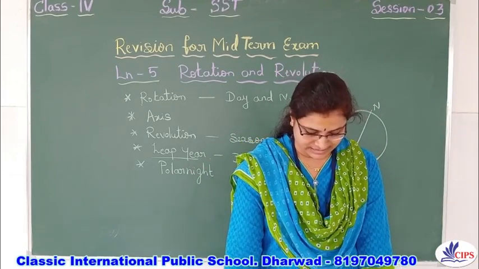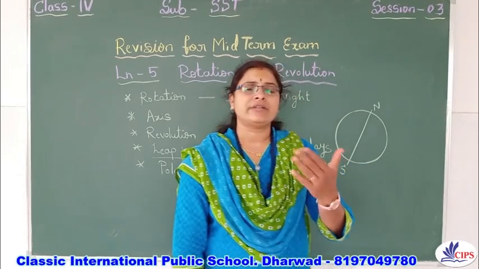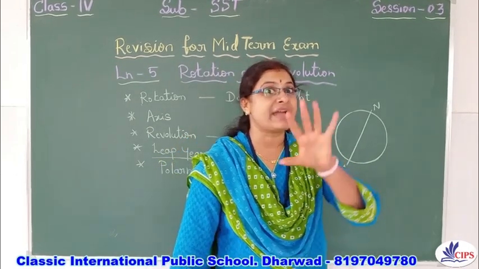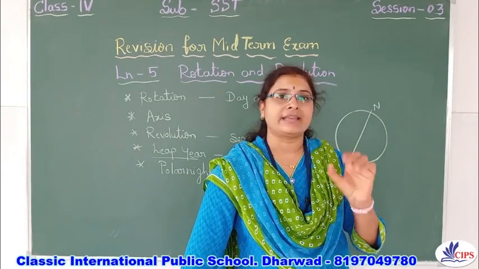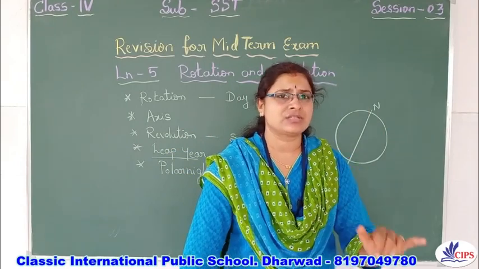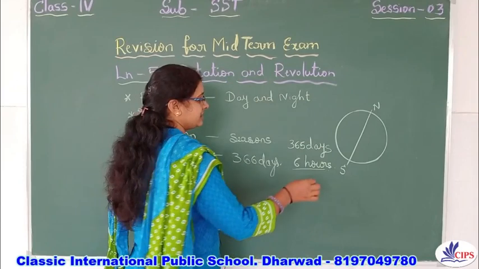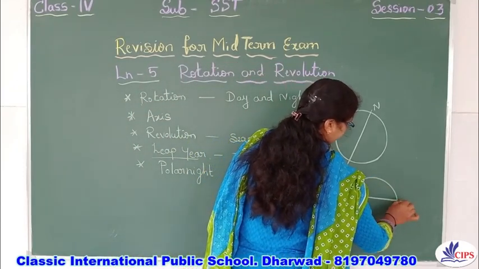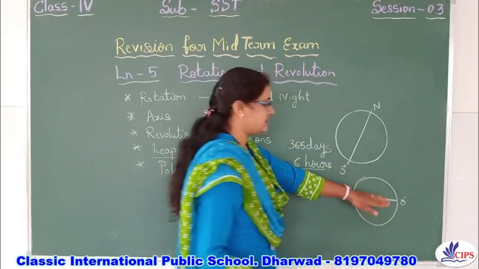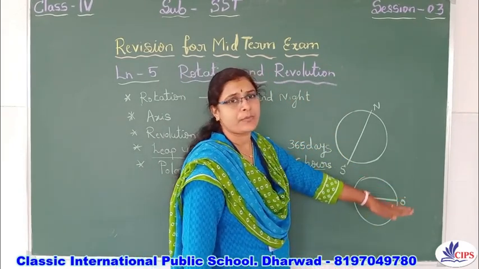These are the seasons. Then children, we already know that we can see some imaginary lines on the globe. Among those, the equator is also an imaginary line. It divides the earth into two parts.